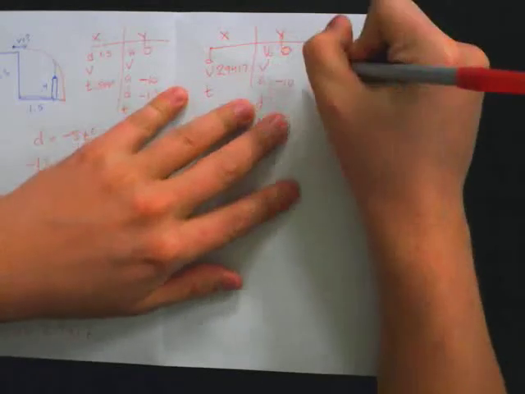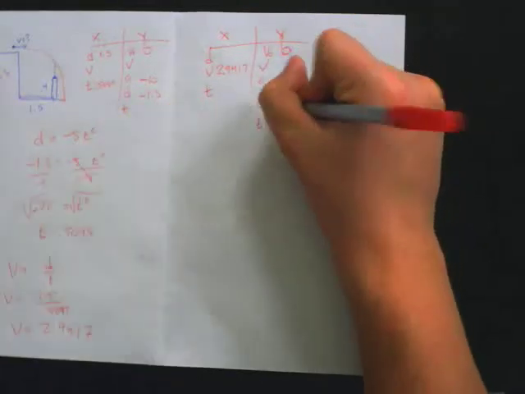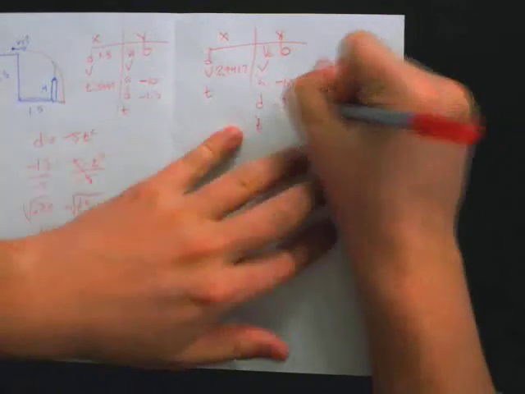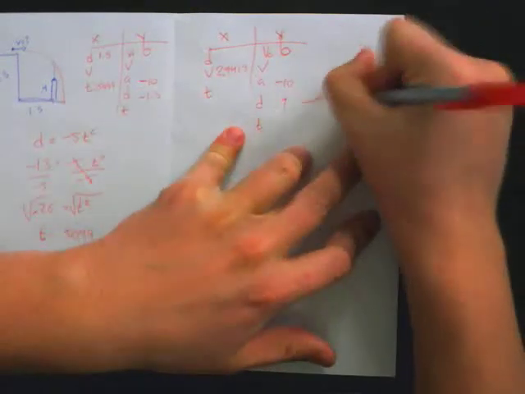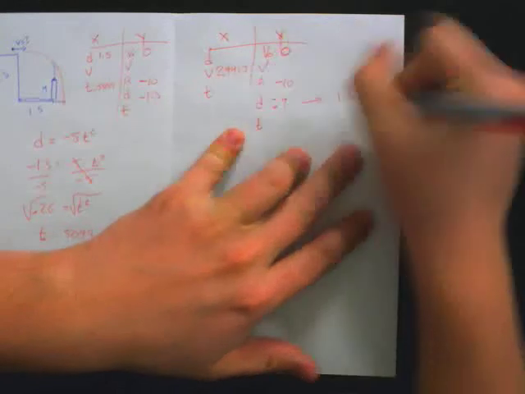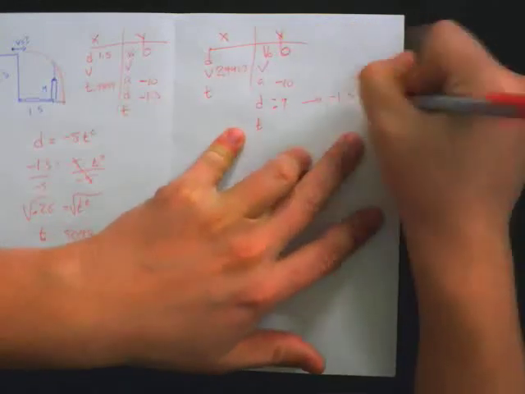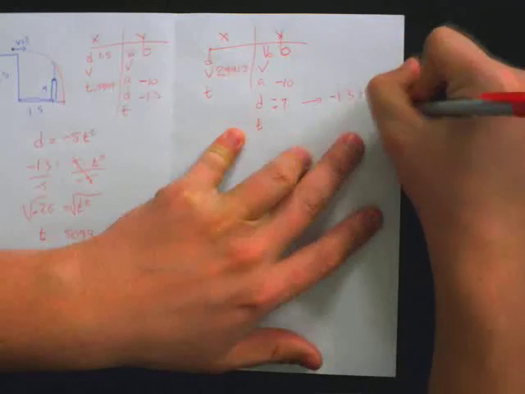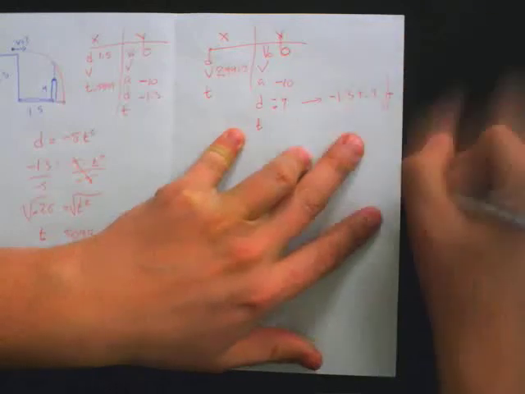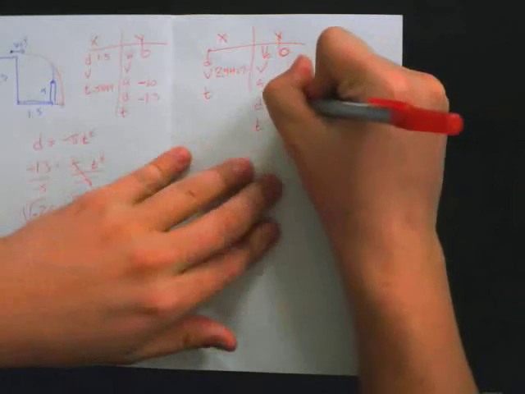Our Y displacement is now going to be -0.9, sorry. We get that from doing -1.3 plus 0.4, because we're going down 1.3, but we're not going all the way down to the ground. We're coming back up 0.4. So our displacement is 0.9 negative.